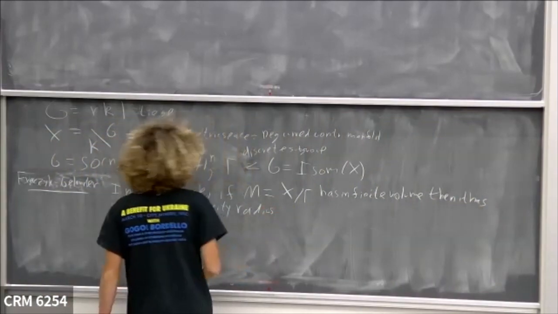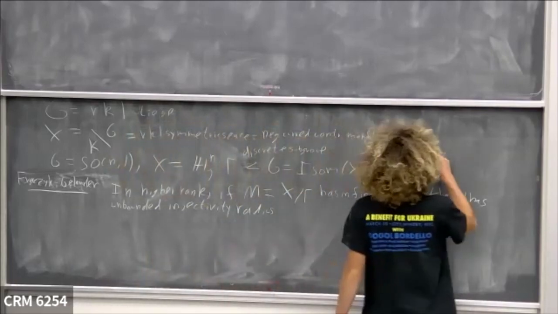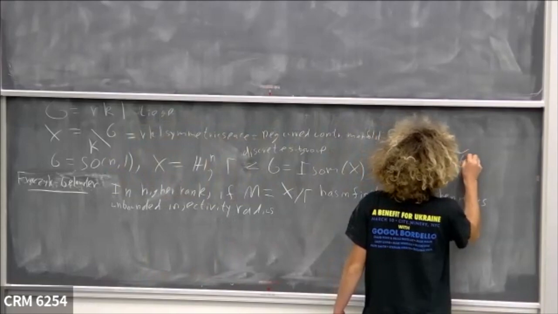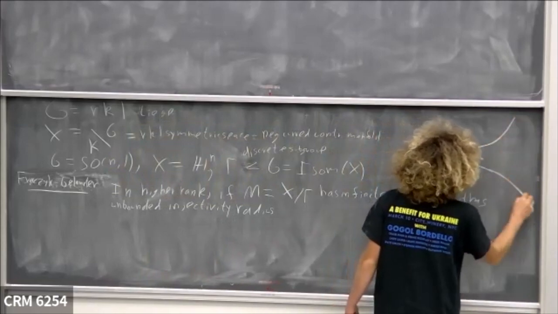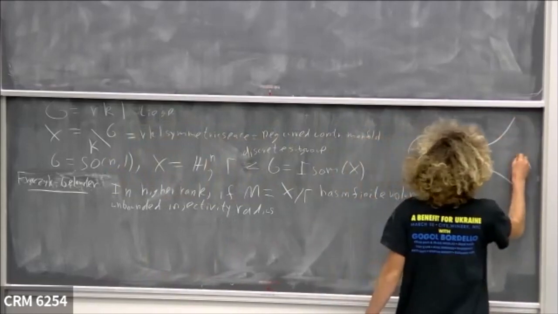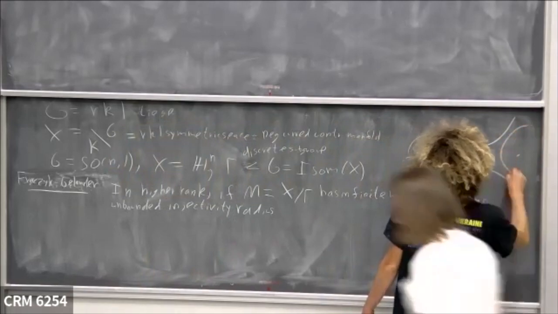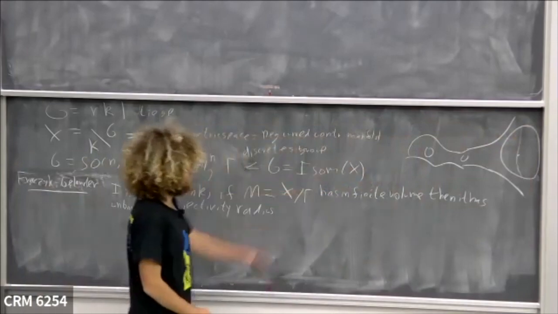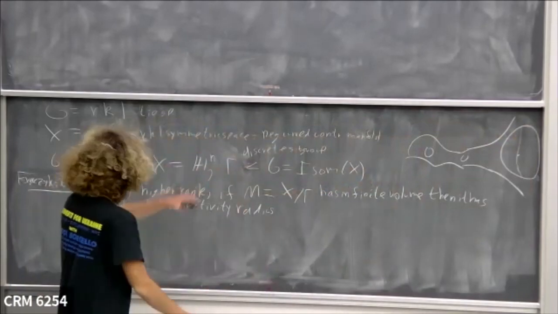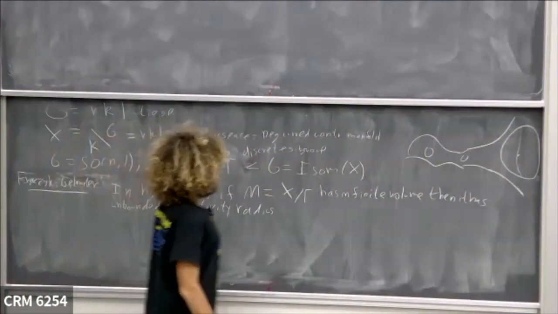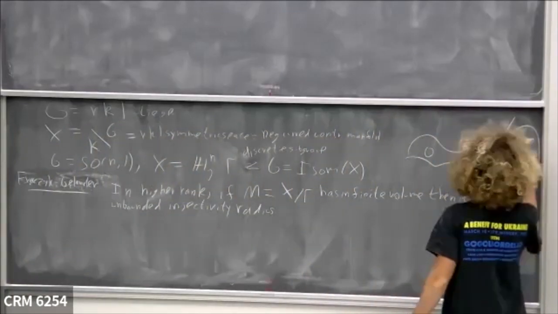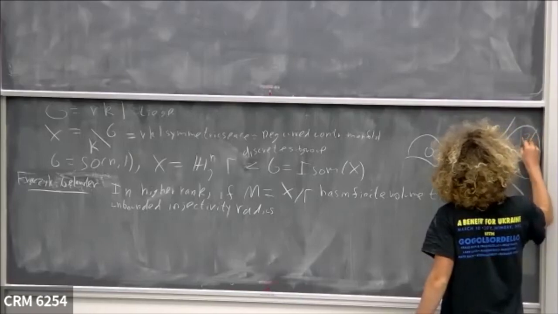Unbounded injectivity radius means maybe you have some parts where the injectivity radius is bounded, but then you have some other part where you can injectively embed super big balls. So for all R, there exists a point on this manifold where the injectivity radius is bigger than R.